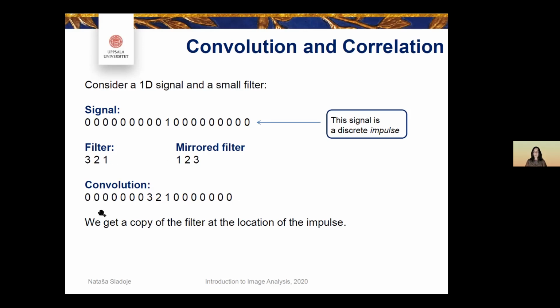This means that we multiply the values of the signal by the constants given by the filter, and sum at each position. Then we see that we have a response that is actually equal to the filter. So the filter is repeated at the particular position of the discrete impulse. This is the difference in application of correlation and convolution with the same filter on the same signal.